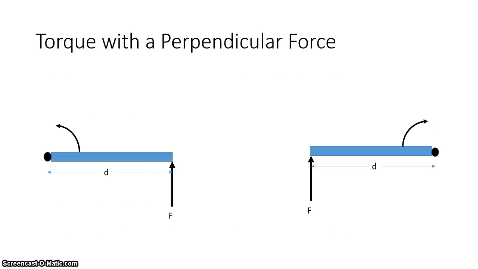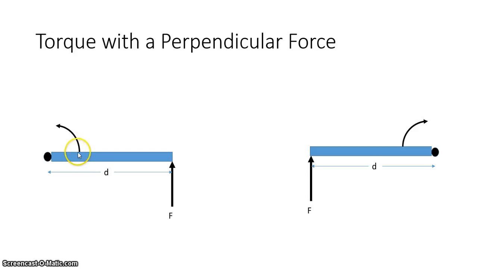Okay, so if you remember from what we talked about in part one, when we have a perpendicular force, if we have some body fixed to some point, and we apply a force to it d distance away from the fixed point, what happens is that body tends to rotate.